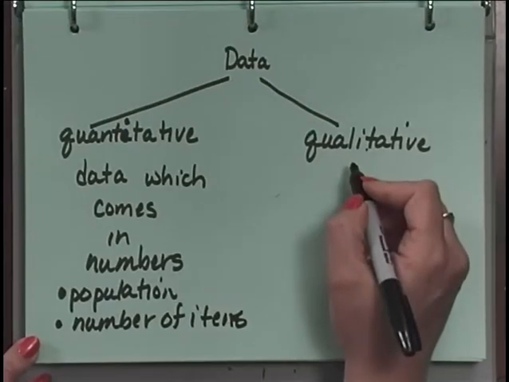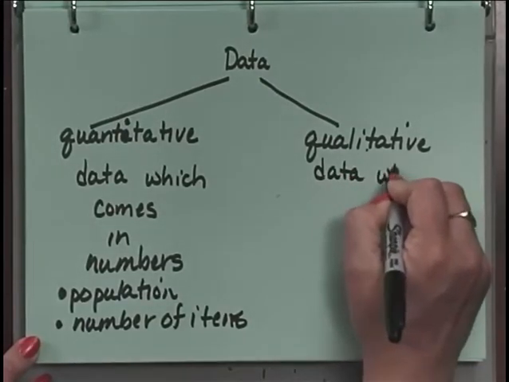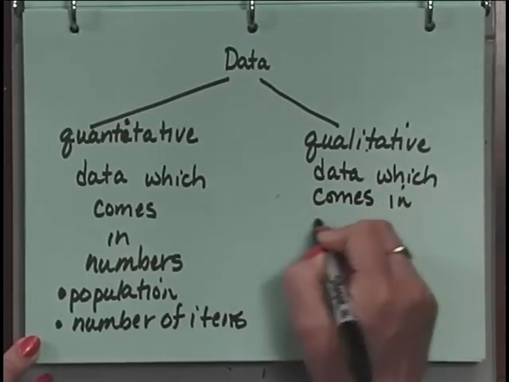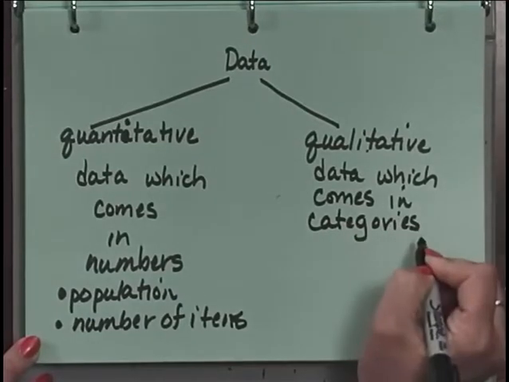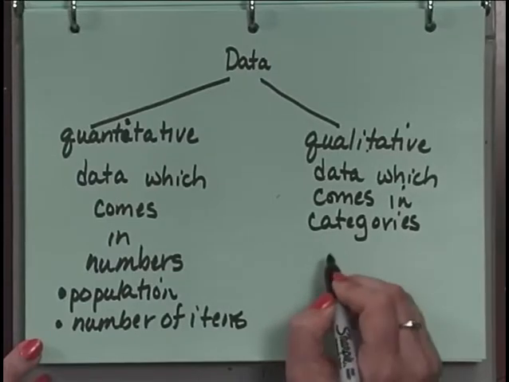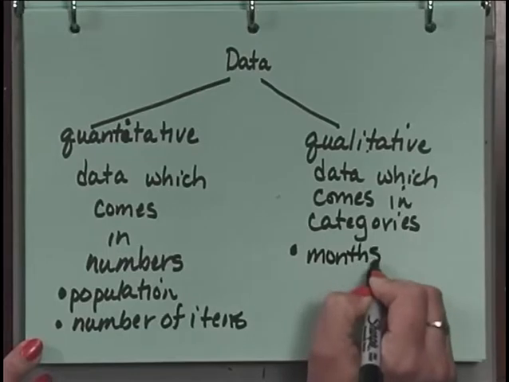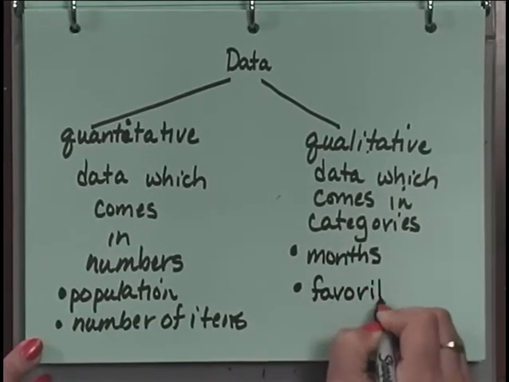Now, qualitative data comes in categories. So it's not going to be numerical. Qualitative data would be something like the month in which somebody is born, or a favorite flavor of something.